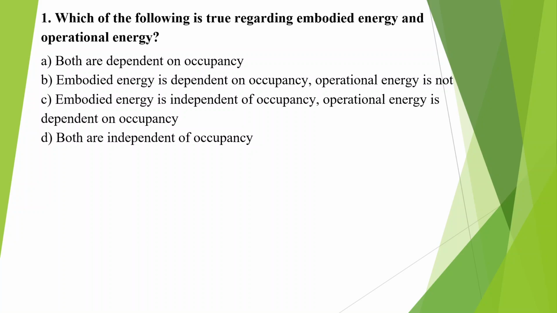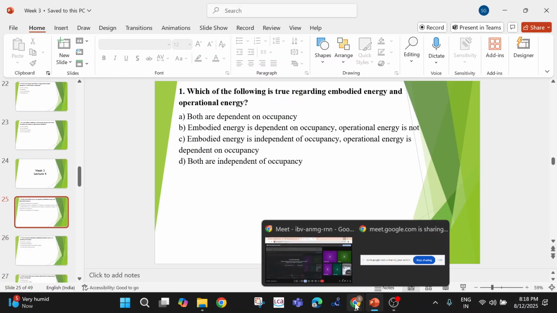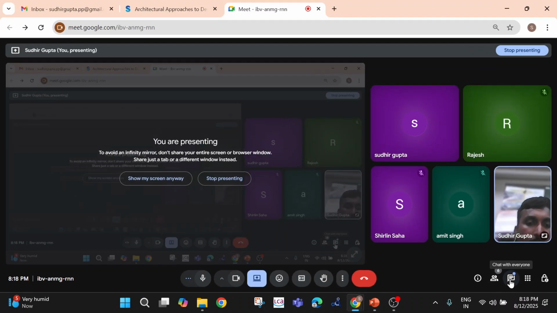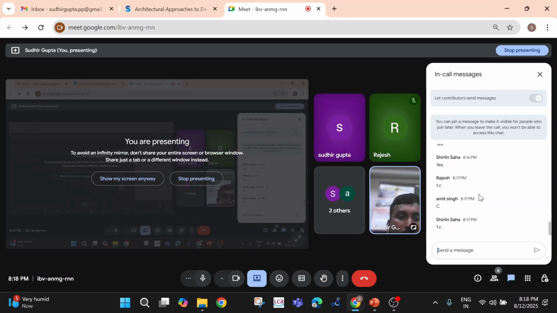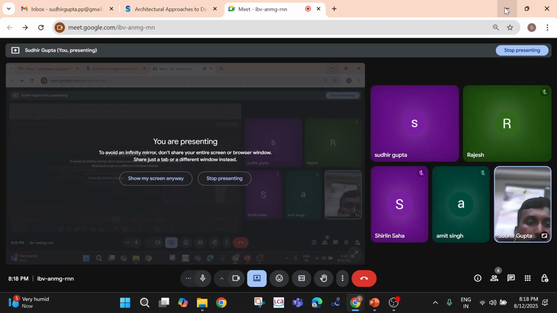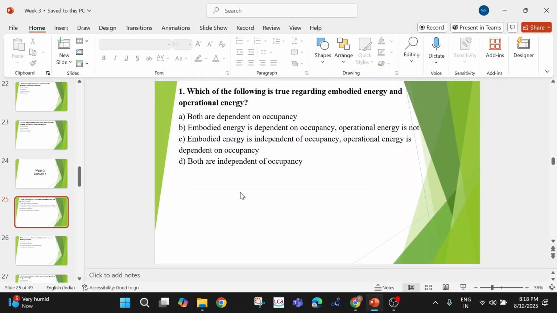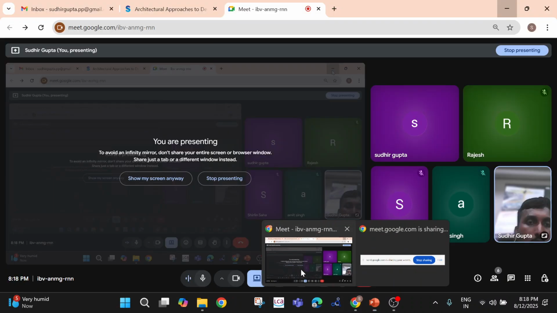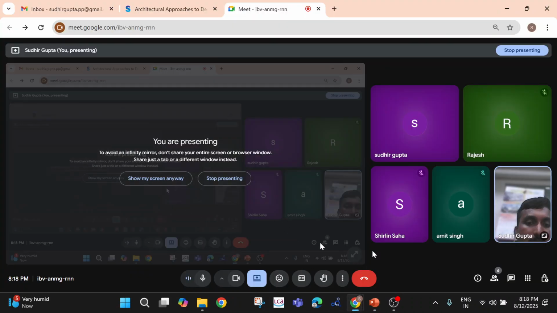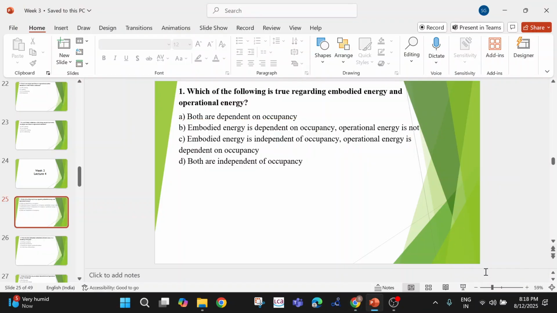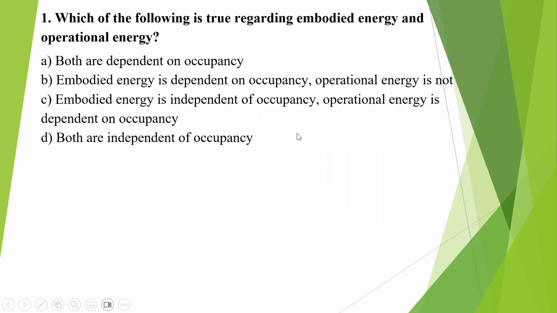I hope most of you have understood the question and would have answered it correctly. Option C has been opted by most of you, as I can see. So C is the correct answer, and all of you are absolutely correct.